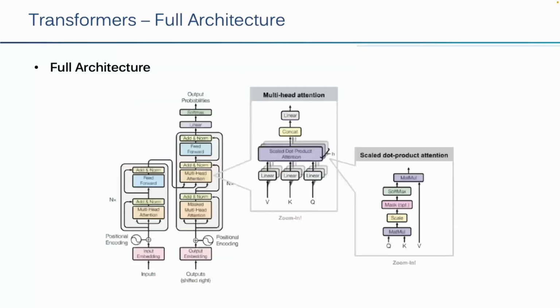But just to summarize the architecture, we've seen on the left side how the encoder works. We've seen on the right side, to some extent, how the decoder works. And the last part of the decoder is, again, a softmax of the output probabilities of a word.